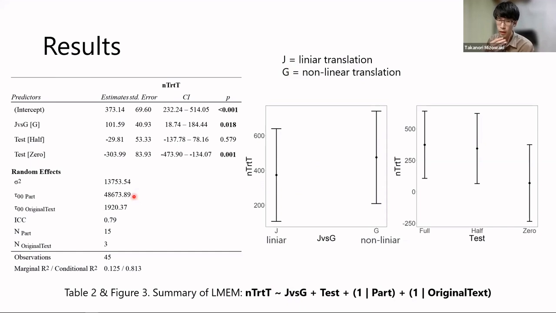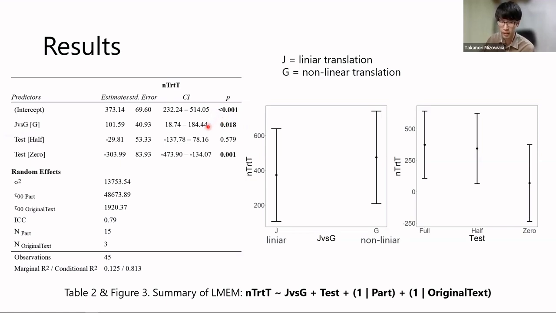First, from the top part of the table, the reading time for the non-linear translation, here in the second line, was significantly longer than that of the linear translation for the participants who answered both questions correctly on the comprehension test.